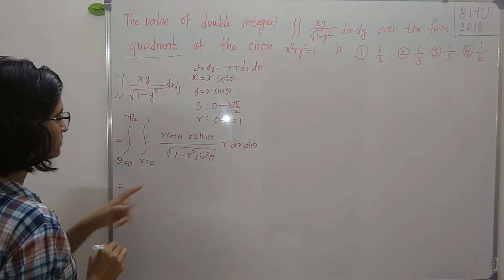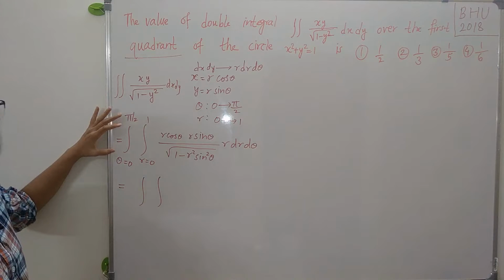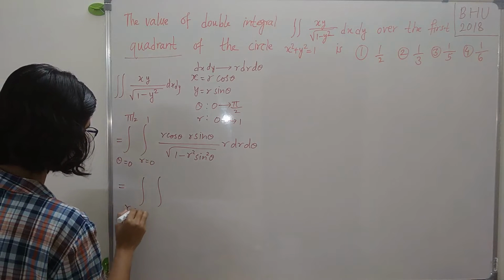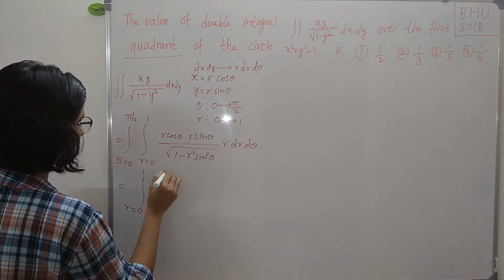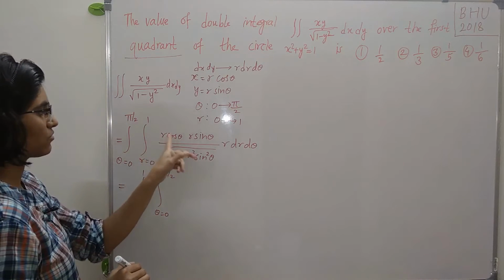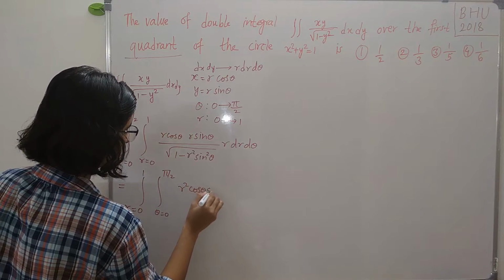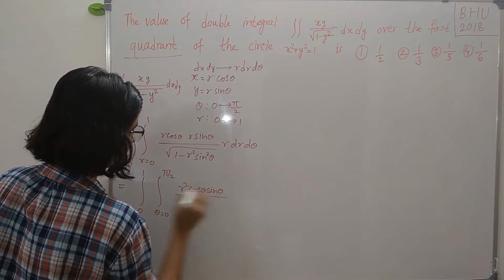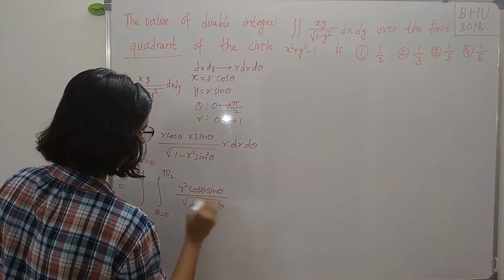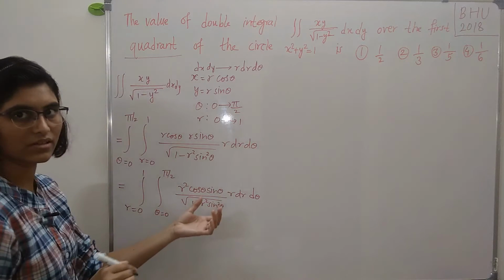So this is just square root. Now these limits are constants for r and theta, so I can just take this here. So r is from 0 to 1, theta is from 0 to pi by 2. Now this is r square cos theta sin theta divided by square root of 1 minus r square sin square theta, then r dr d theta as it is, right?